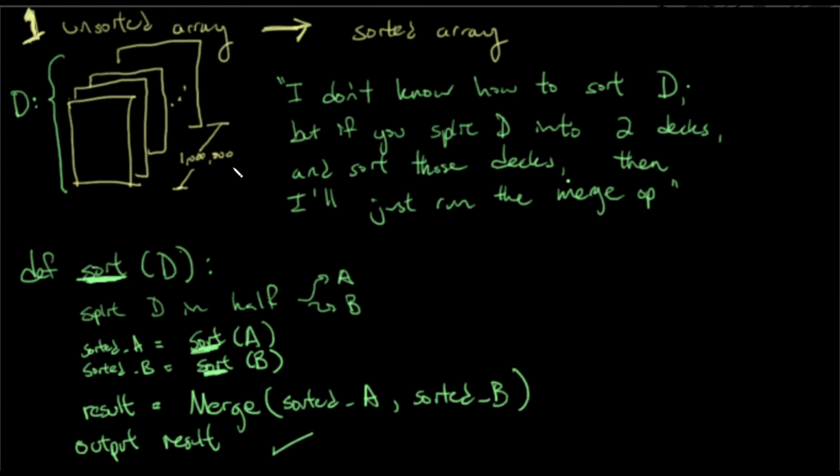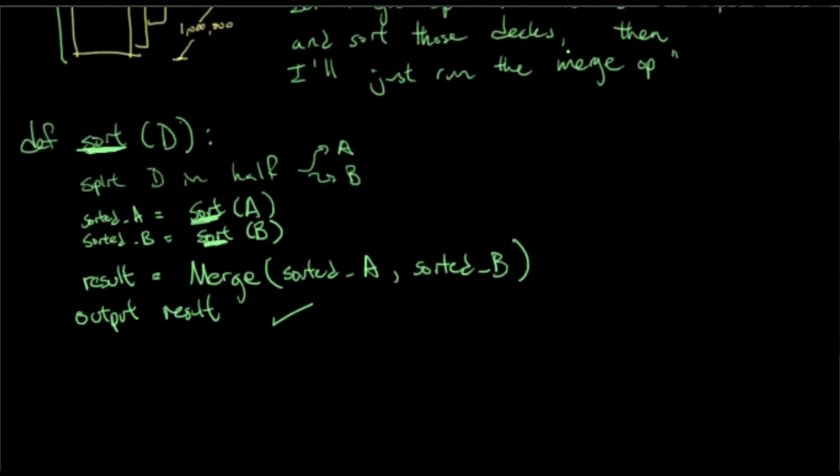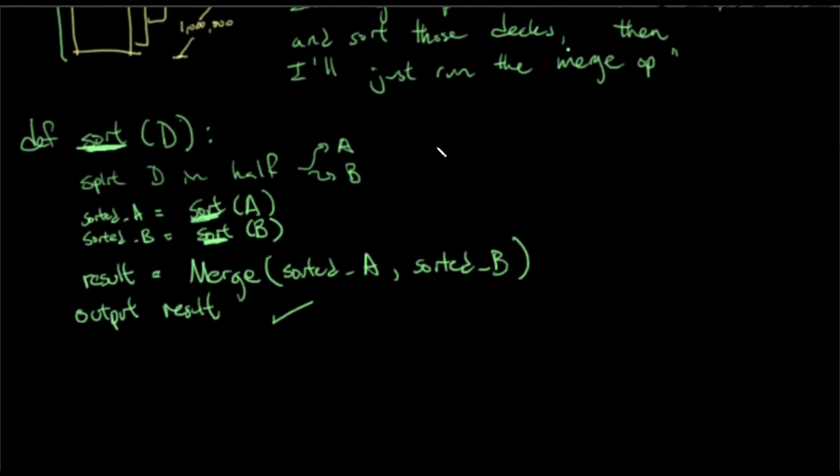There's no way we're going to just be able to look at it and know how to sort it. But there is a case where we do know how to sort it, a very trivial case. I'm just going to place that piece of code right into here. And that trivial case is if our deck of cards is of length 1.